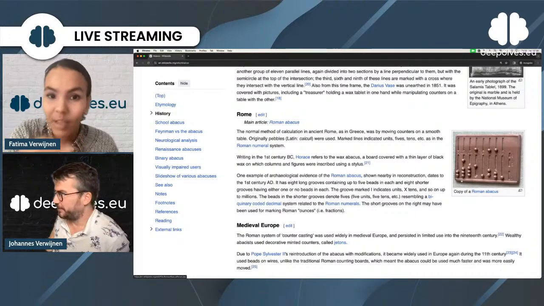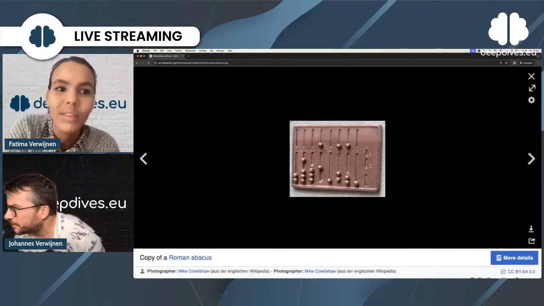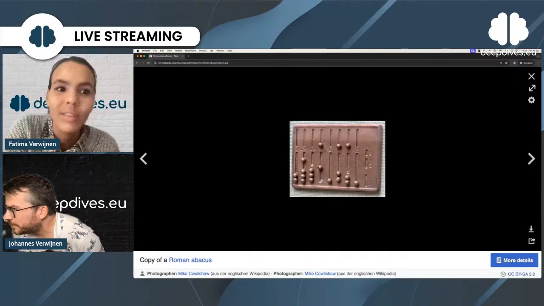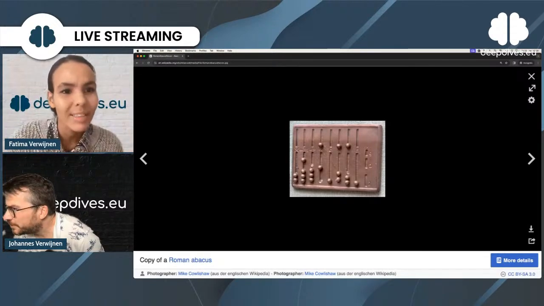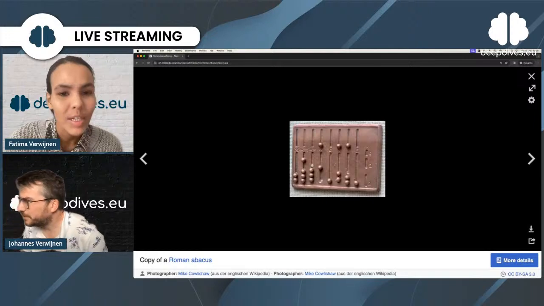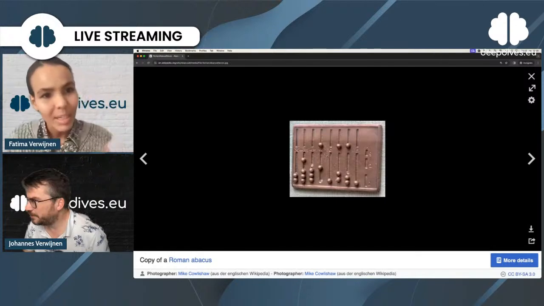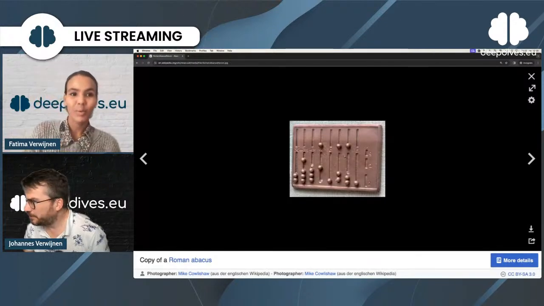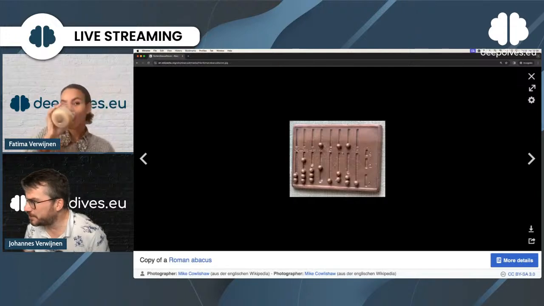So, for example, if you're counting cattle, lambs, or whatever, you would be like, I have one lamb, I have two lambs. So it was a very convenient machine to keep on track, doing basic math, basic subtracting and adding, counting, whatever it is.